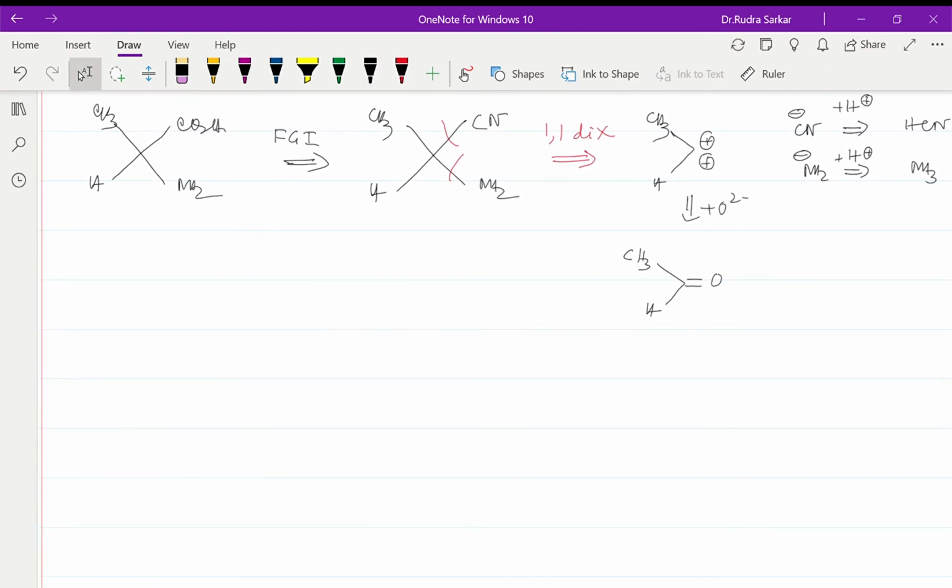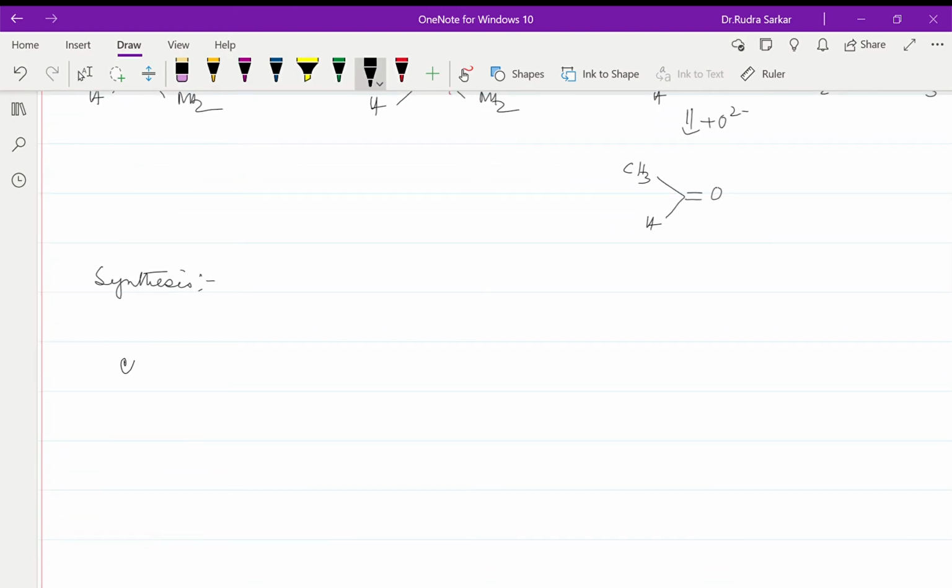Now, while synthesizing this molecule, what will we consider? We will consider the Strecker synthesis. So over here we have acetaldehyde which has been treated with ammonium carbonate in presence of HCN.